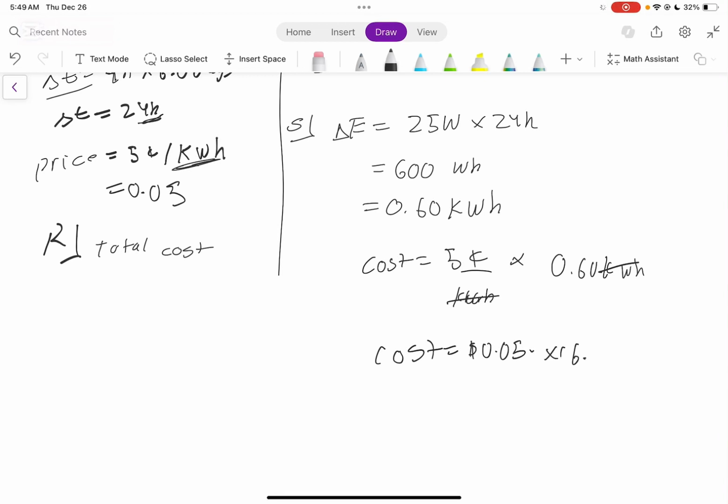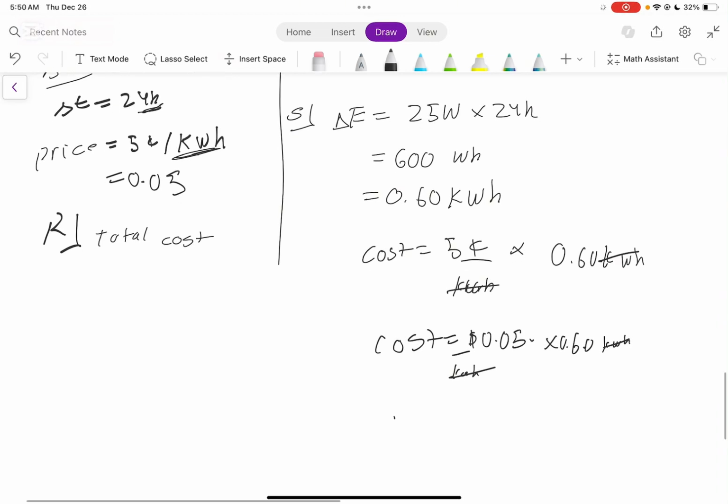Multiply by 0.60 kilowatt hours. And you can put kilowatt hours here, but they already canceled out. And now you get 0.05 times 0.60. And your final answer should be, your cost is 0.03 dollars. So that is basically your total cost.